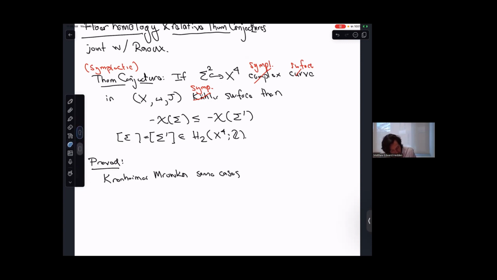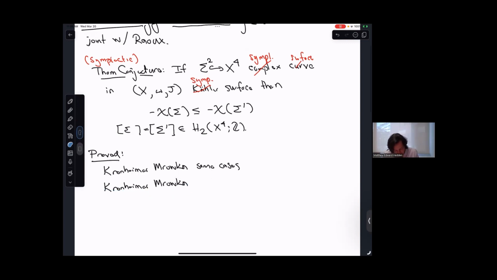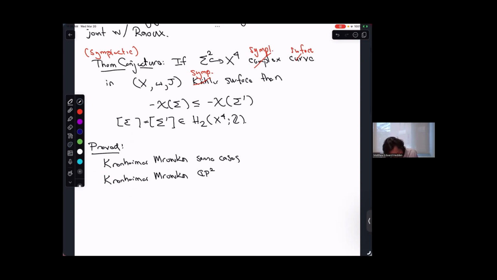Notably missing in that treatment was the original case of CP2, which they then proved with the advent of Seiberg-Witten theory. This was also proved concurrently using similar techniques by Morgan, Szabo, Taubes.